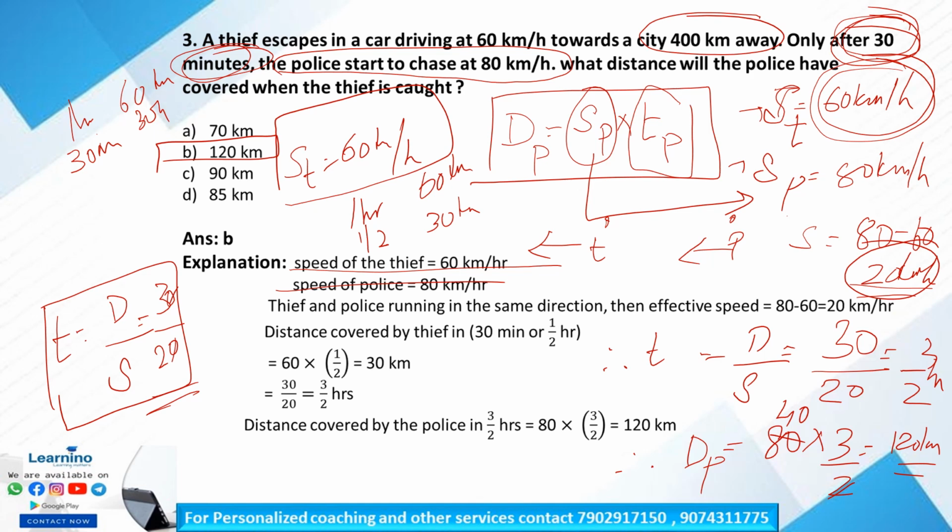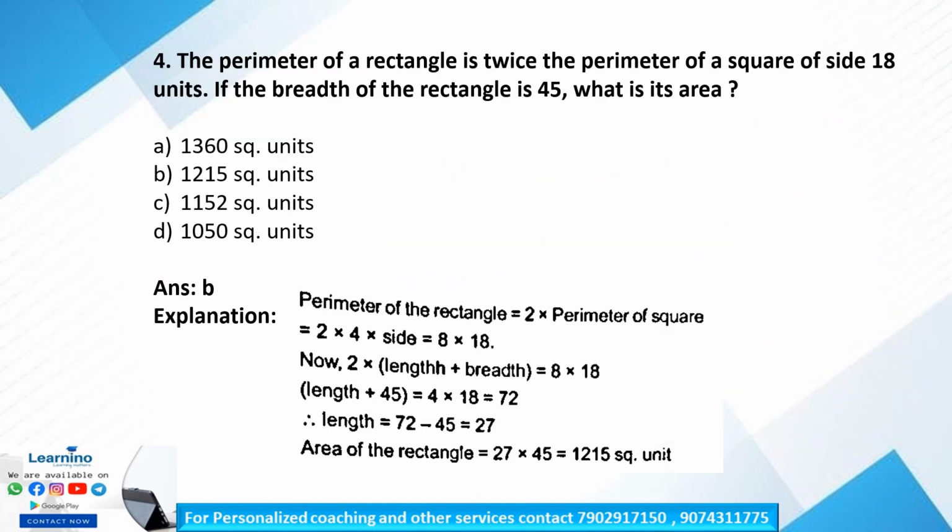Is it clear? So next question, question number 4. The perimeter of a rectangle is twice the perimeter of a square of side 18 units. If the breadth of the rectangle is 45, what is its area?